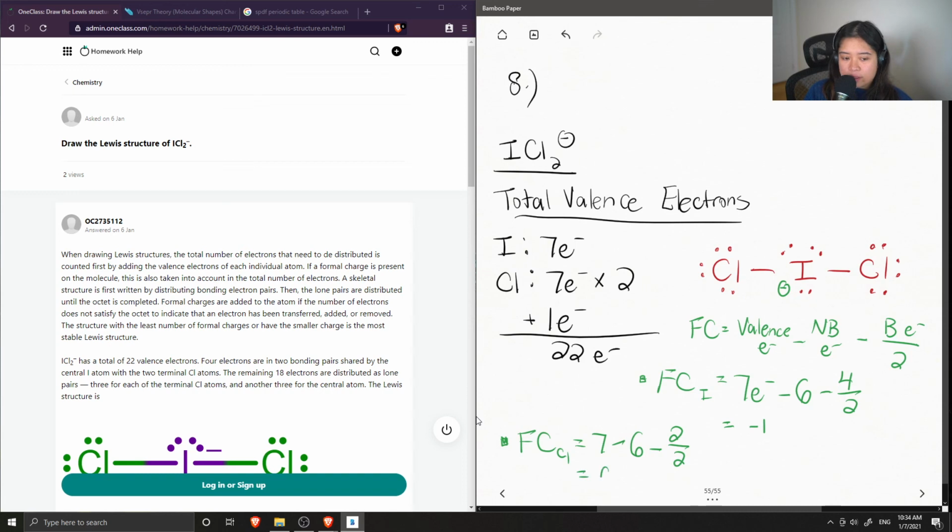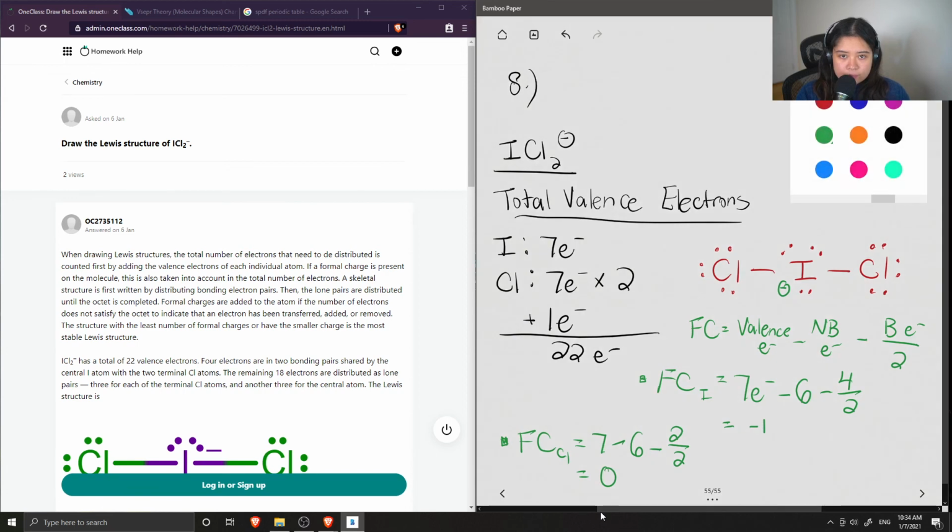So this gives us a formal charge of 0. So let me just do this in the same color. So this is why our iodine is the one that has the negative charge.